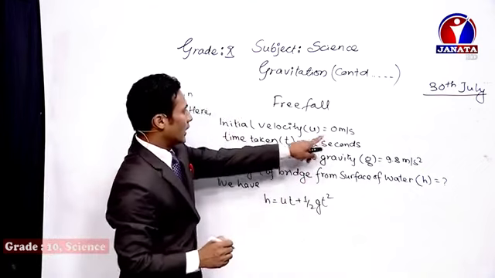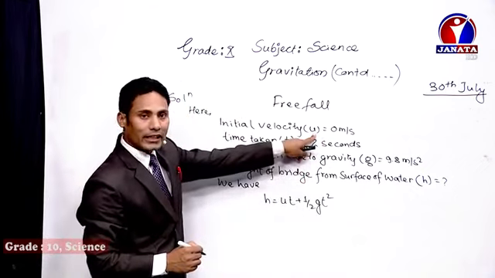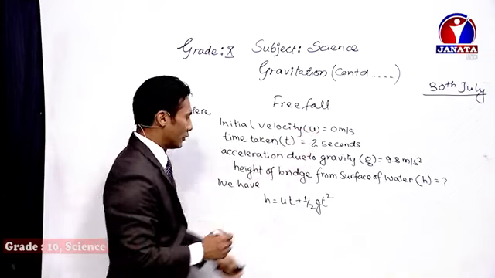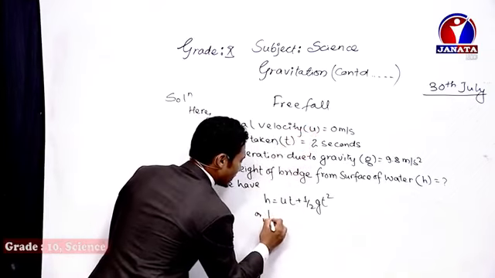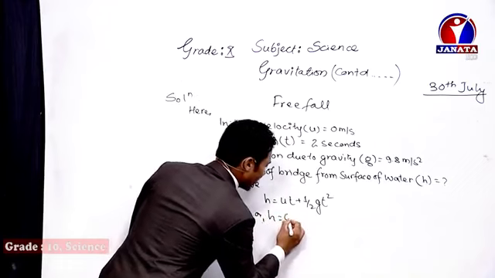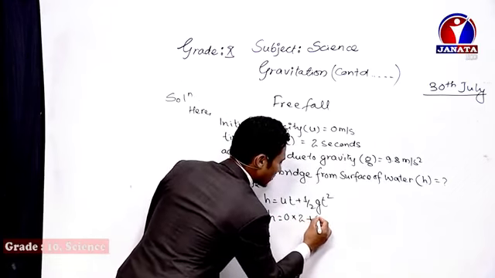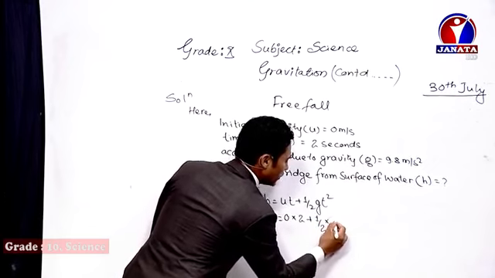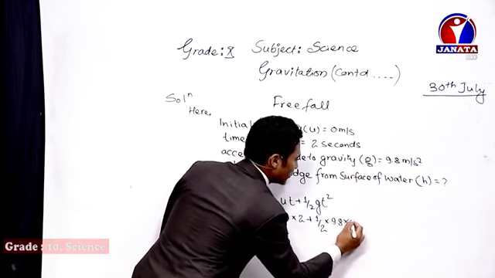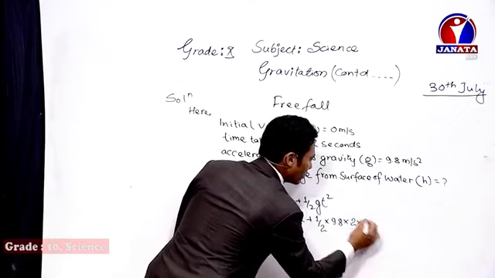Okay, so u is 0 meter per second. So let's put this value here: h equals to u is 0 into time, t is 2 seconds, plus 1/2 into g is 9.8 into t square is 2 into 2.